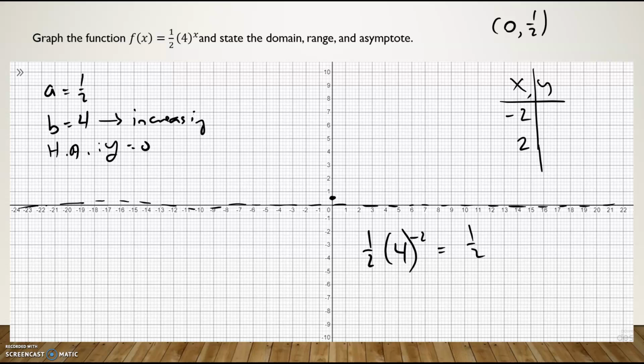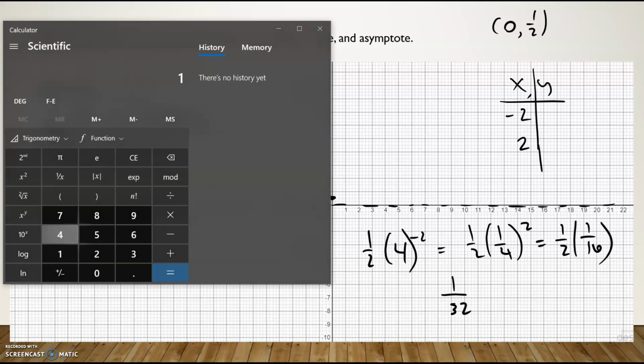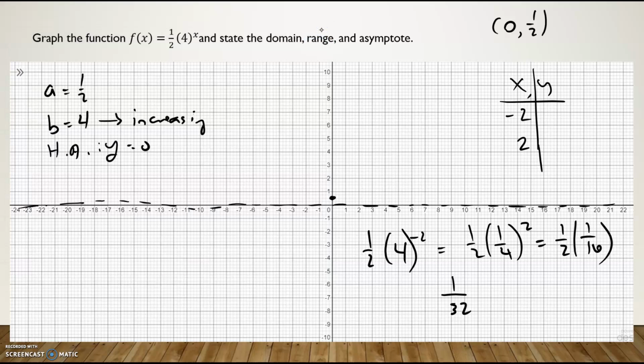So that's going to be 1/2 times 1/4 raised to 2. 1/2 times 1/16. So that's going to be 1 over 32, which is 1 divided by 32. That's pretty small, so let's not use negative 2. The negative 2's are not working very well. Let's use negative 1 again.